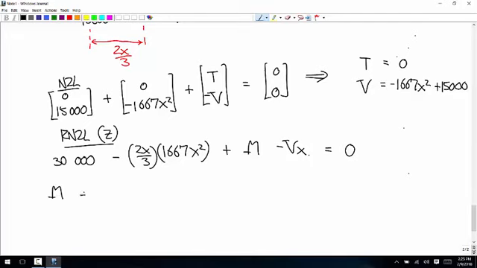So m is equal to negative 30,000 plus 1111x³, I think, right? And then plus vx.